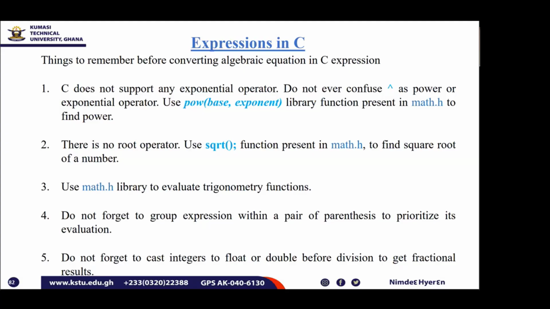As you deal with expressions in C, you need to remember these. C does not support any exponential operator. So do not ever confuse the power symbol for power or exponential. Rather, we use pow(base, exponent), and this can be found in the math.h library.